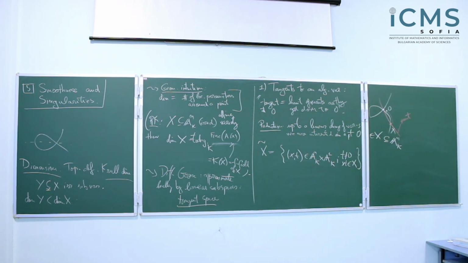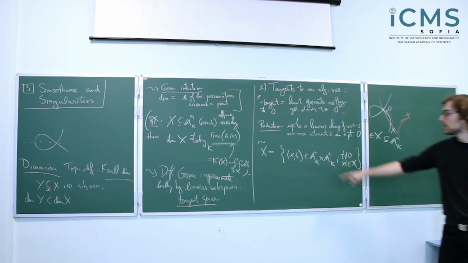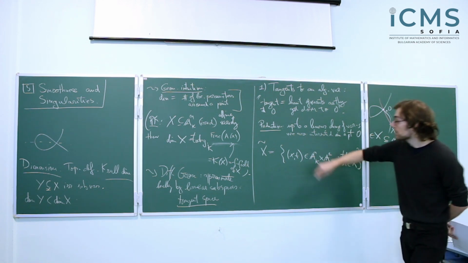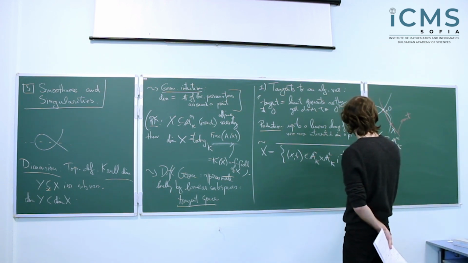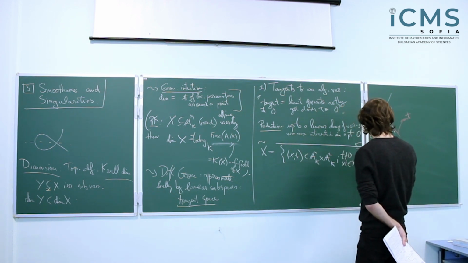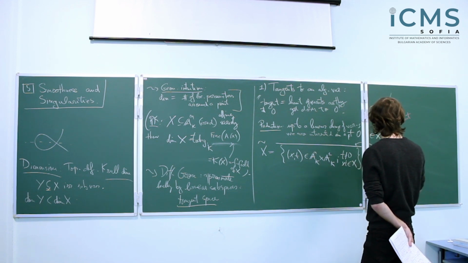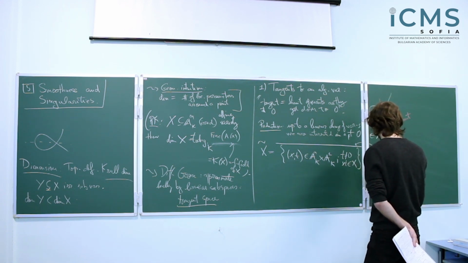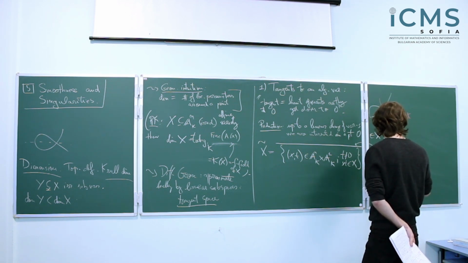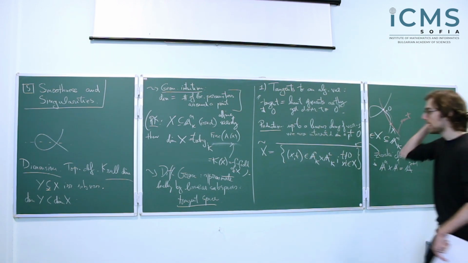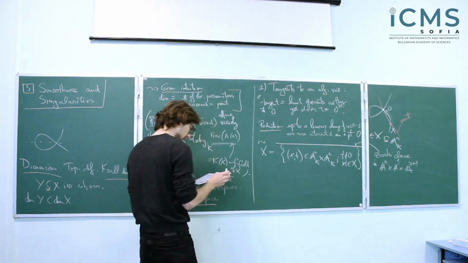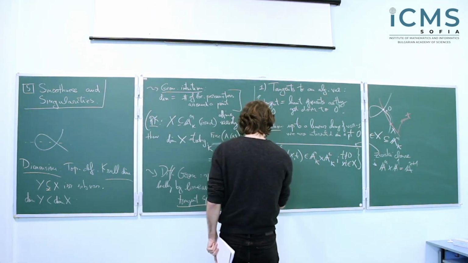Now the problem with this is that it won't necessarily be a closed subvariety of A^(n+1). So what I do is take the Zariski closure in A^(n+1), okay? And I define the tangent cone.